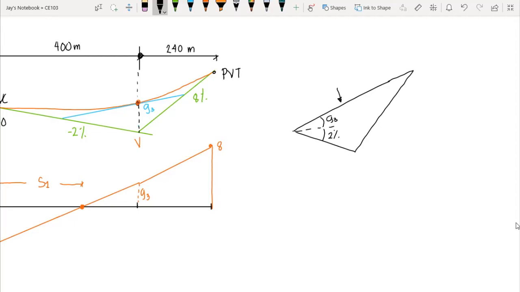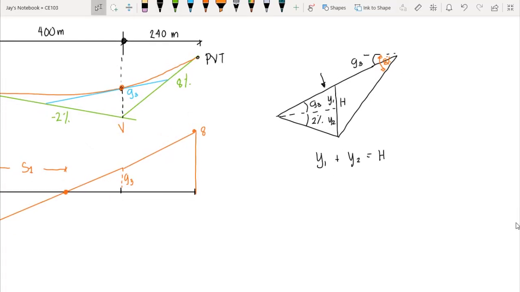For this line, we have the angle G3, and the slope of this line is 8%. If we solve for this H, on the side of PVC you will have this length. Let's say this is our y sub 1 and y sub 2, in which y sub 1 plus y sub 2 is equal to h, correct?